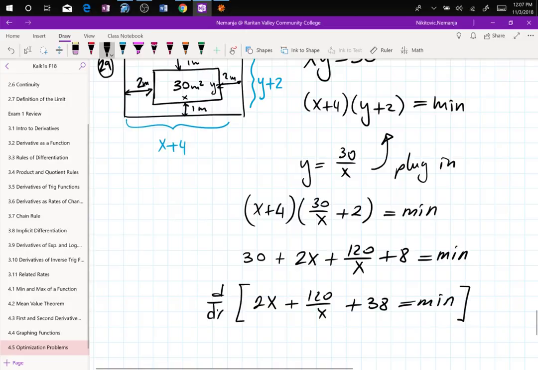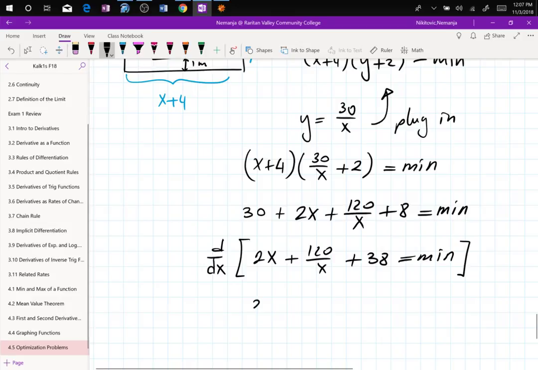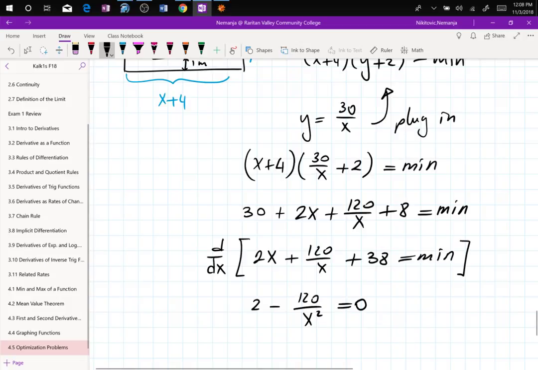Hit this with the derivative. 2 minus 120 over x squared, derivative of 38 is 0, equals 0. So all I did is I distributed my FOIL, combined like terms, and once I had an equation with a single variable, x, hit that with the derivative of x.